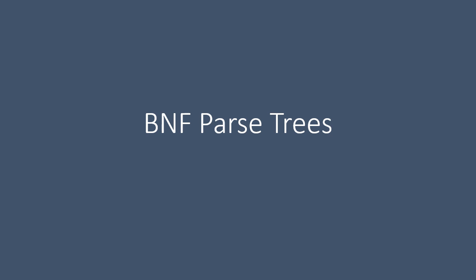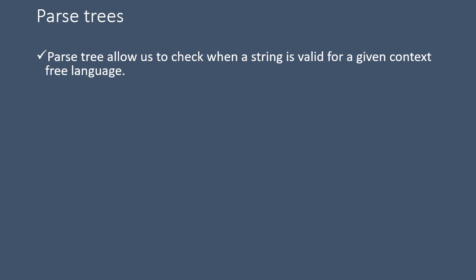We're going to look at Backus-Naur form and parse trees. Now, what parse trees allow us to do is check whether a string is valid for a given context-free language.